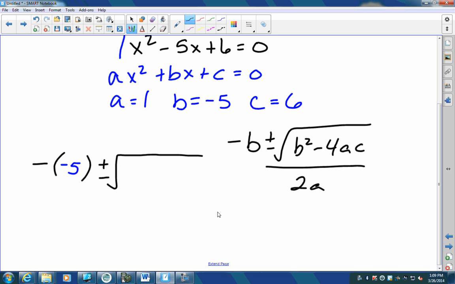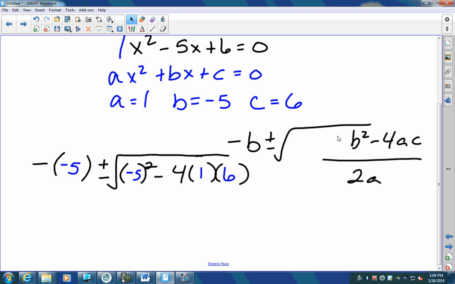The square root. Now, always put your b in parentheses. So I have negative 5 squared minus 4. People say, where does that 4 come from? The 4 is in the formula. That's always going to be there. Times a and times c. A is 1, c is 6.